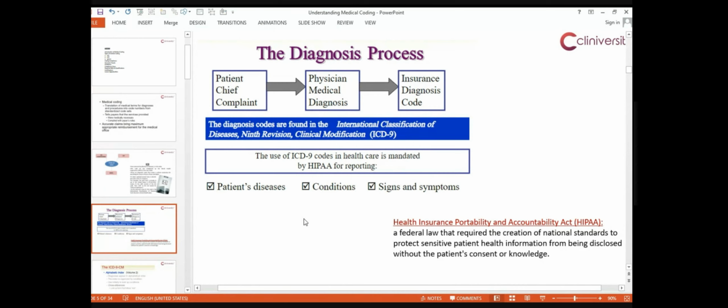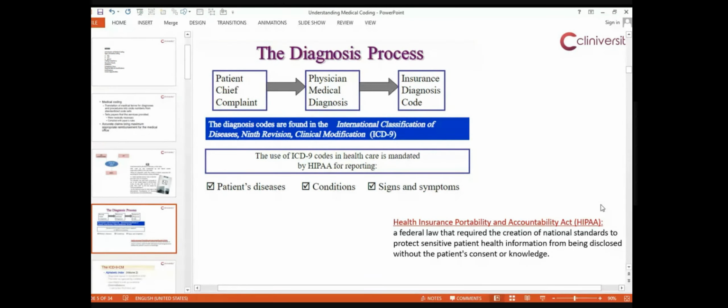The diagnostic codes are found in the ICD-9, as I mentioned earlier, International Classification of Diseases, 9th revision, clinical modification. Now, the use of this ICD-9 code in healthcare is mandated by HIPAA for reporting. What is HIPAA? As you can see, it's the Health Insurance Portability and Accountability Act.